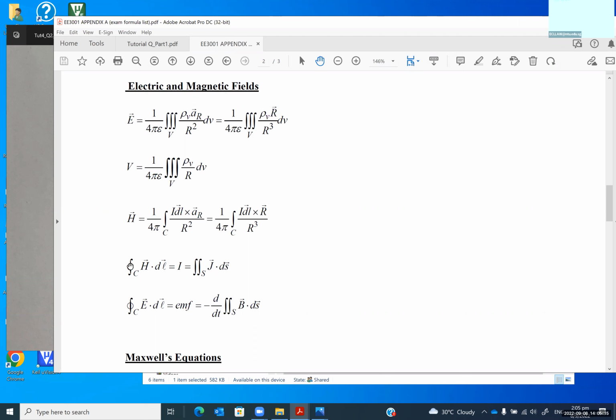Choose the path such that you can easily evaluate this H dot dl in scalar form. If you choose a path where H is constant, that's so easy to solve. Choose your path where the magnetic field is constant. We all know the magnetic field is constant on a circle, so your path should be a circle.